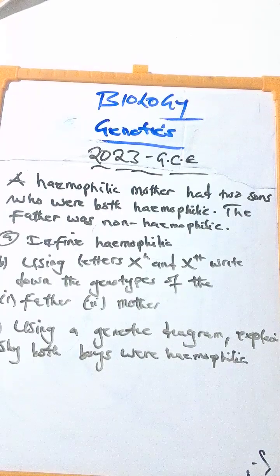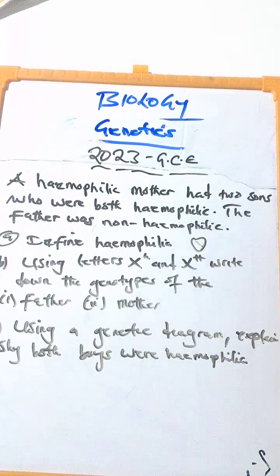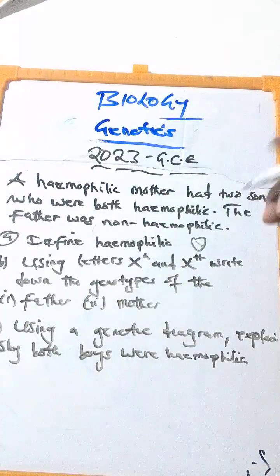We said hemophilia is a condition or a disease or a bleeding condition which is inherited, where normal clotting is not taking place due to lack of clotting factors. So this one had 1 mark. That's about hemophilia. This was very simple.